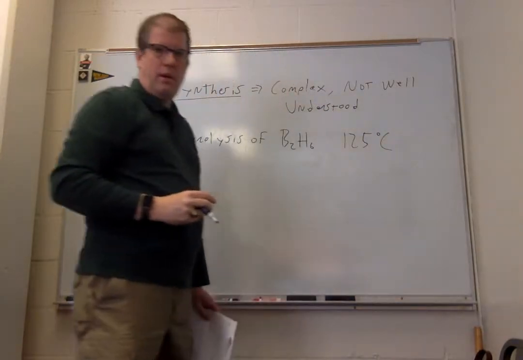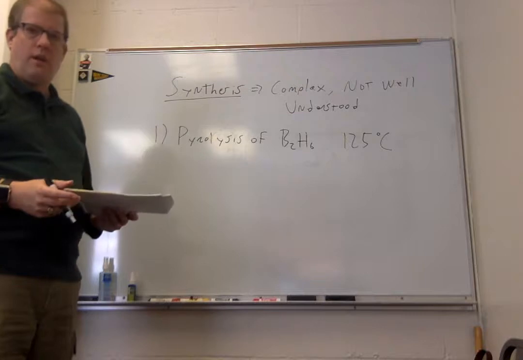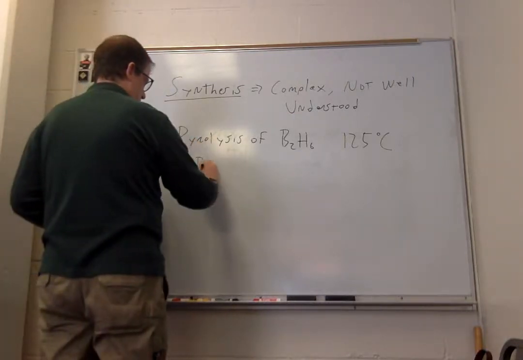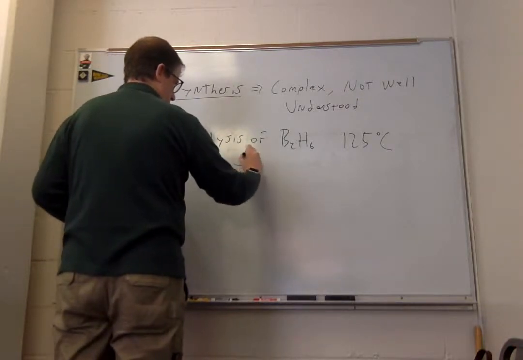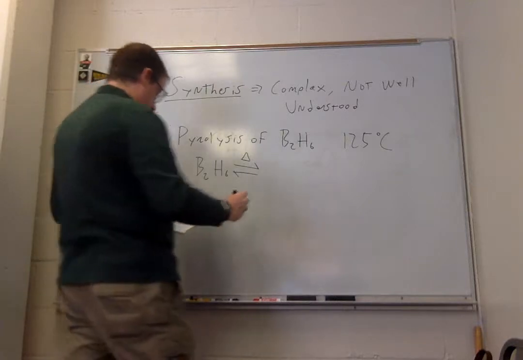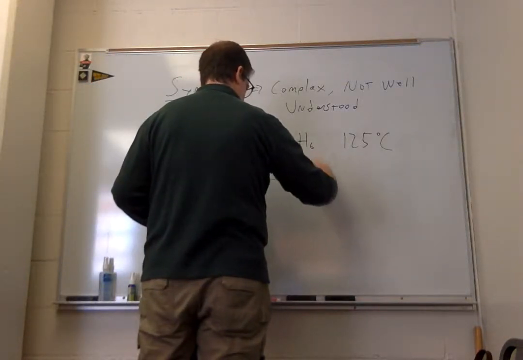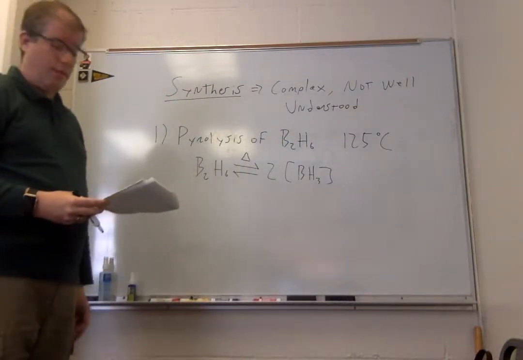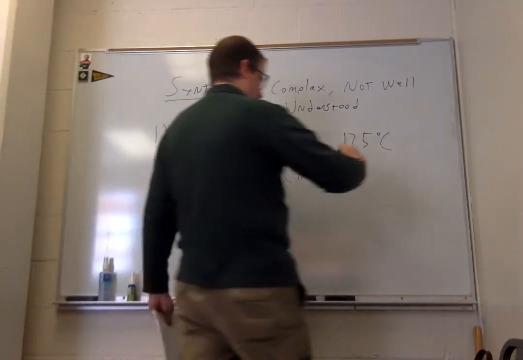This is typically done at a fairly mild temperature of 125 degrees C. The first thing that you do with this when you heat it up is you break it apart into its monomeric units.